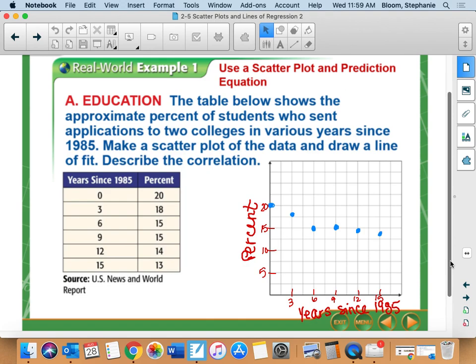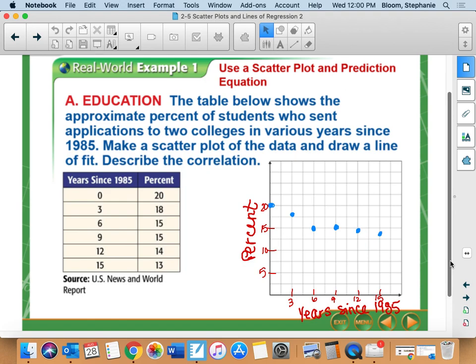And so we're going to draw a line of fit for this. So you're going to want a ruler, and when you do this line of fit, you really want to pick 2 points on your line that look like the best. So I'm going to do this point right here, and this point right here is where I'm going to draw the line.